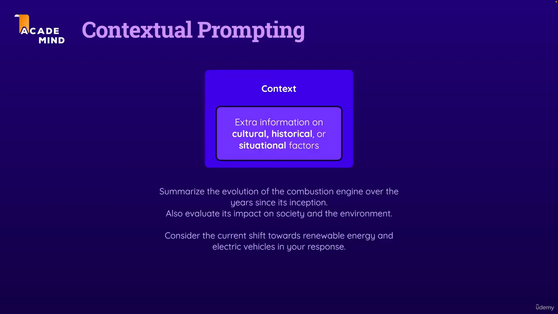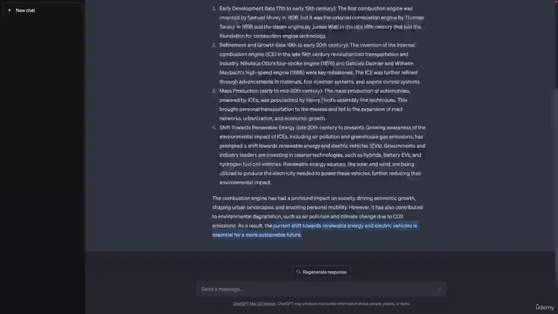But it's a specific kind of extra information which is easy to overlook, or which you might not always think about, but which can make certain responses for certain prompts way better. Like here, for example, where we do get this extra information about the impact of the combustion engine, both the positive and the negative impact, and we get a whole paragraph dedicated to the current shift towards renewable energy and electric vehicles.